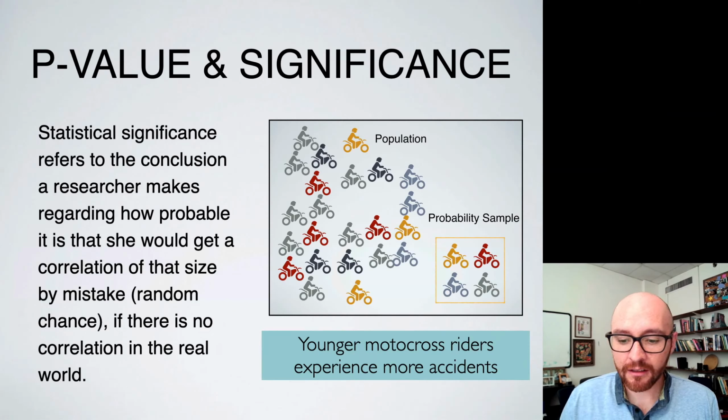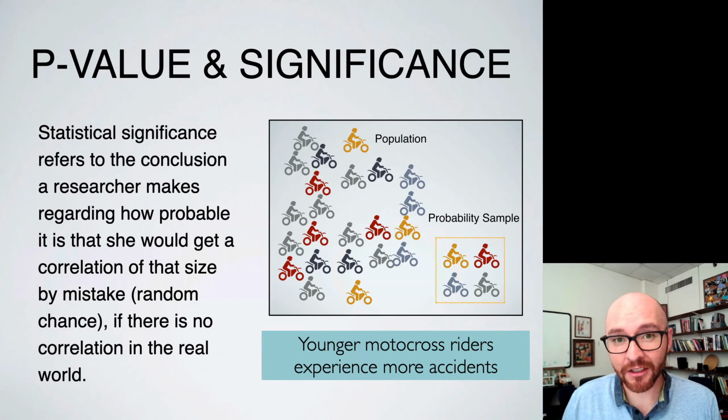Now, in the blue, I actually have age, right? Let's say we found that younger motocross riders get into more accidents. So there seems to be some relationship between age and getting into accidents. Now, if I did a good job of sampling, and my p-value is less than 0.05, then I'm on good grounds to generalize these findings to the population of interest.